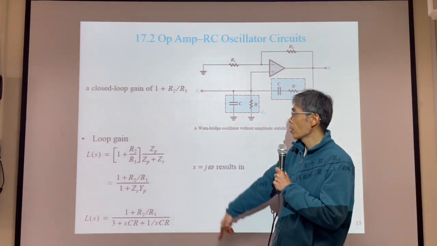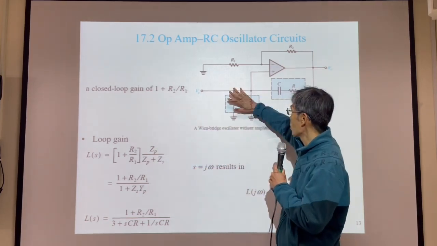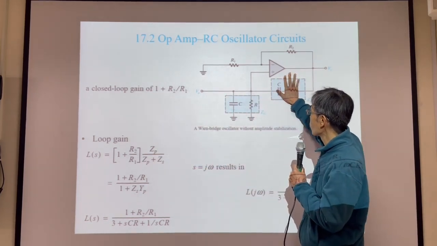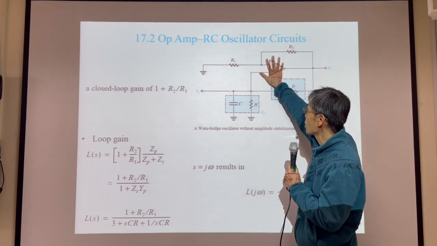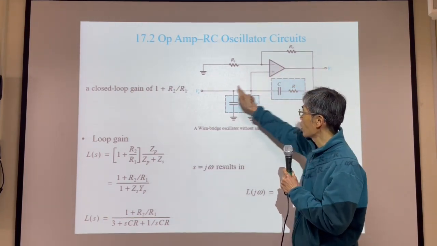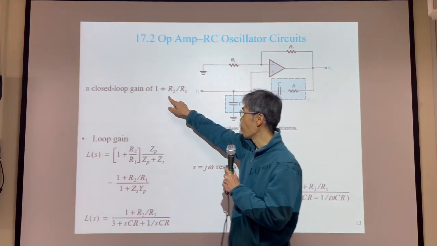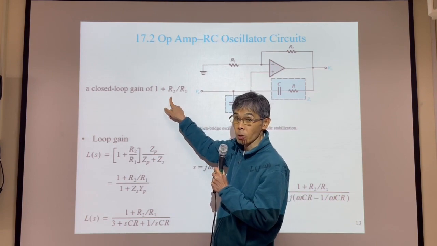Then the closed loop gain. So if we ignore this one, look at this circuit. This is an oscillator. VO divided by VA is the closed loop gain. You can prove this one is a solution.